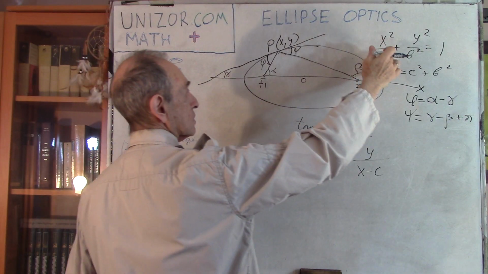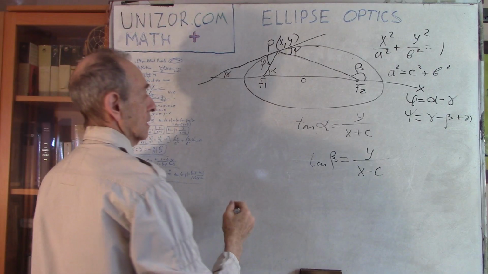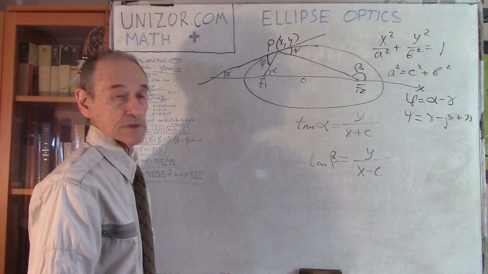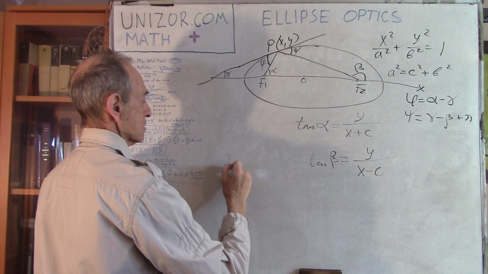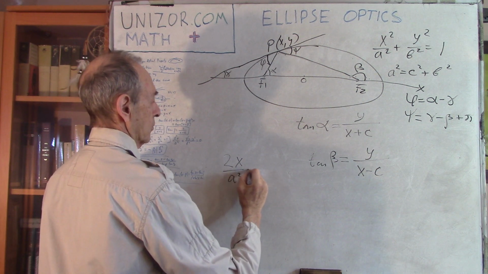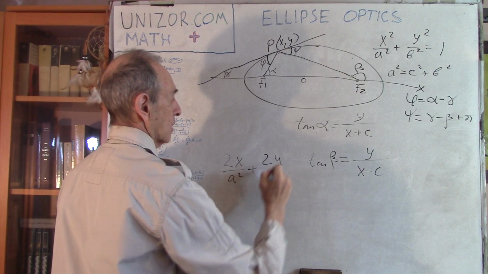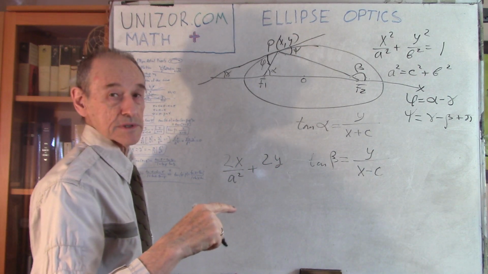So this is a function of x and this is a function of x. Well, on the right side it happened to be constant. But if functions are equal, then derivatives are equal. So let's take the derivative. The derivative of x squared is 2x divided by a squared, plus the derivative of y squared is 2y, but y is a function, which means there is a composition.